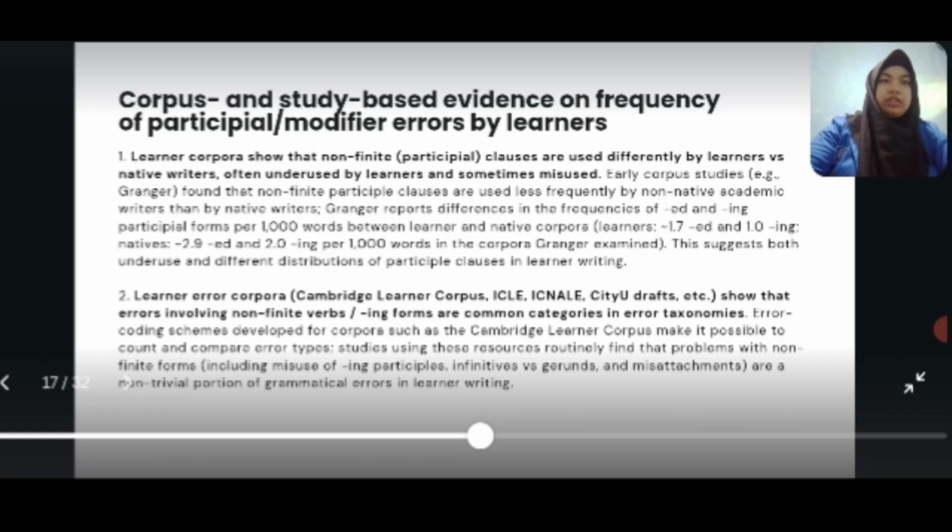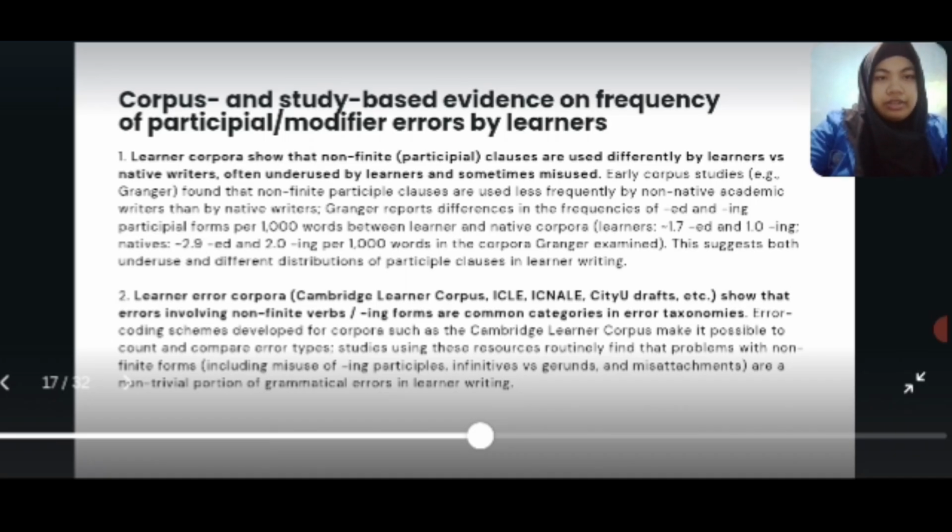And this is the corpus and study-based evidence on the frequency of participle modifier errors by learners. Learner corpora show that non-finite participle clauses are used differently by learners versus native writers, often underused by learners and sometimes misused. So this suggests both underuse and a different distribution of participle clauses in learner writing. And then the second one: learner error corpora, Cambridge Learner Corpus, ICLE, and others, show that errors involving non-finite verbs or -ing forms are common categories in error taxonomies.